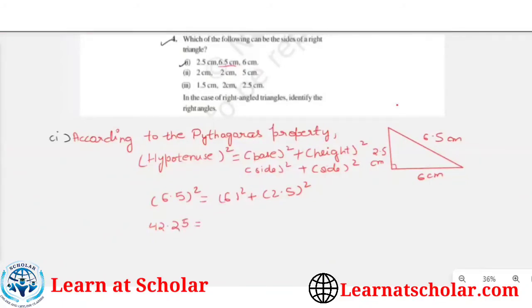The square of 6.5 is 42.25. The square of 6 is 36. The square of 2.5 is 6.25. We will solve this and we can see that the left hand side is equal to the right hand side. That means the Pythagoras property is satisfied. The first one is the right angled triangle.